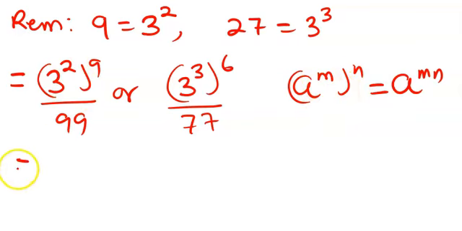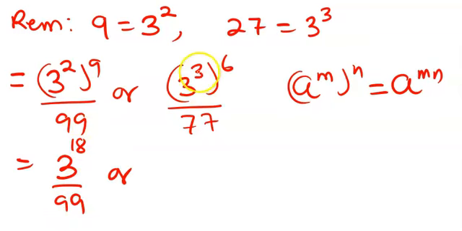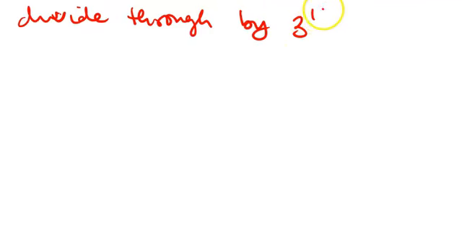So if an indices is raised to a certain power, then you can multiply the powers. So in the same way, we are going to have 3 raised to the power 2 times 9 is 18 over 99, or 3 raised to the power 3 times 6 is 18. So 3 raised to the power 18 over 77. Okay, now let's divide through by 3 raised to the power 18.